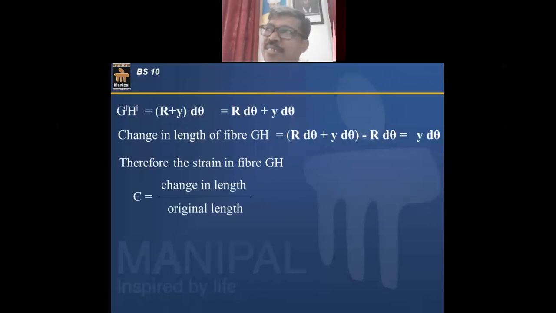What is strain? Strain is nothing but change in length upon original length. So the change in length is y d theta upon the original length. Our original length was R d theta, and epsilon is equal to y d theta upon R d theta. How much has it changed? Only y d theta here, and the previous length was R d theta. So d theta gets cancelled, and we get epsilon is equal to y by R, right?